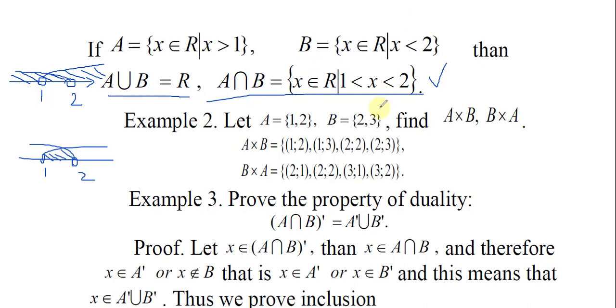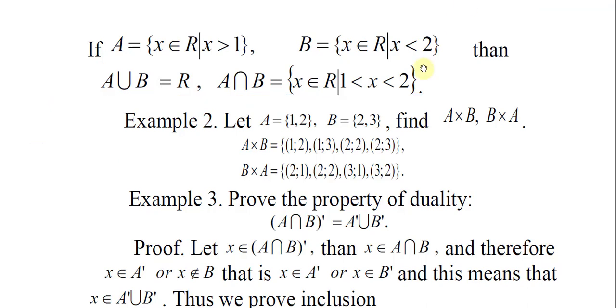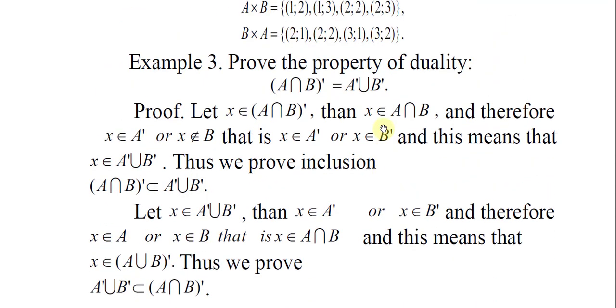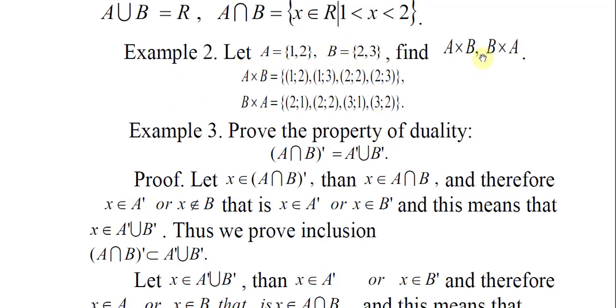Okay, now let me clear. We have the product of two sets, A and B. So the product of A, B, this is pairs. So pairs of the sets, 1, 2, and if it is 2, 3, A product B is (1,2), (1,3), (2,2), and (2,3).